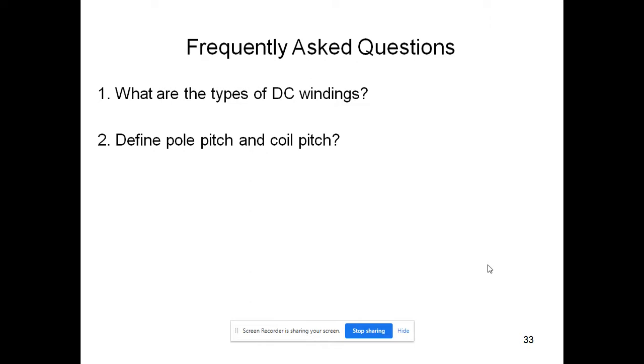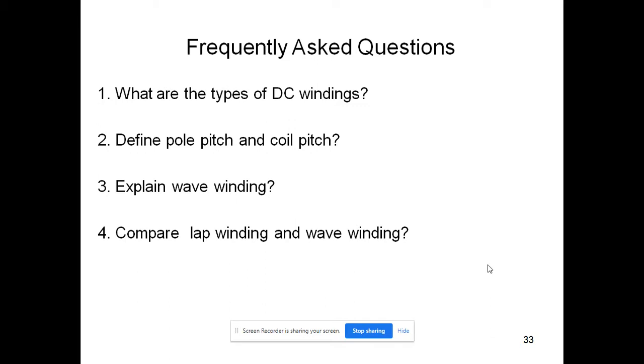If it is for 3 marks, then we can just write about the definitions only. That's enough. If it is for more, that is nothing but 5 or 8 marks, then we have to draw the winding diagram also. Explain wave winding and compare lap and wave winding. Comparison between the two windings.